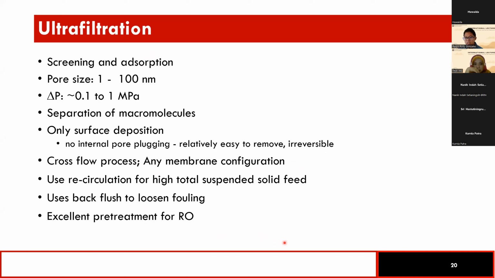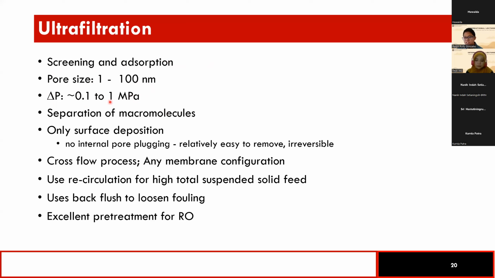Now, let's proceed to the smaller membrane, which is ultrafiltration. So this process involves screening and adsorption. And the size of the pores is smaller, and the pressure applied is slightly higher than microfiltration.